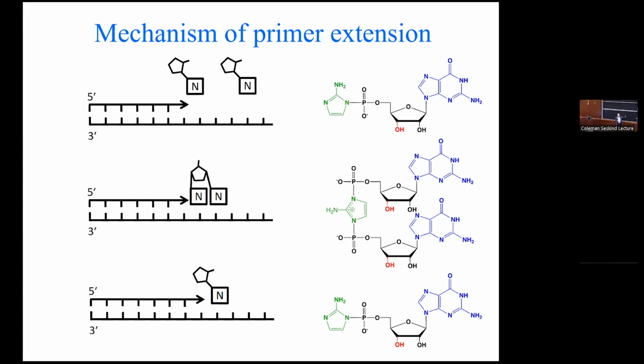This turned out to explain a 25-year-old observation from Leslie Orgel's lab, which was so puzzling, people didn't even want to think about it for decades. If you have a primer and you set up this experiment so that only one nucleotide can come in, it basically doesn't work. But if 2 nucleotides can come in, all of a sudden it works.